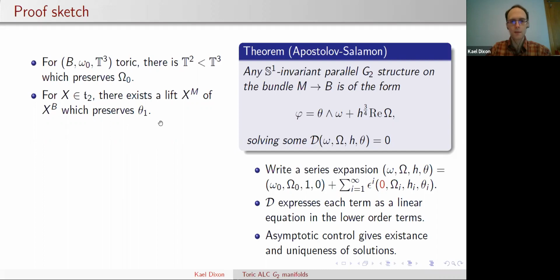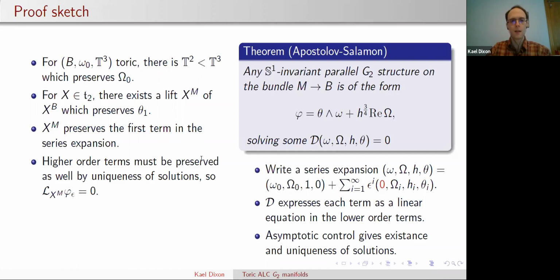So once you do this, you've already got the first term of the series expansion preserved by this lift that we've constructed, and then you can work inductively in the same way that each of the higher order terms of the series expansion are created.